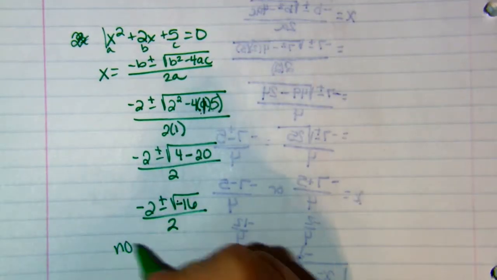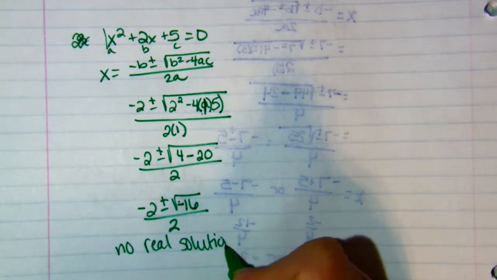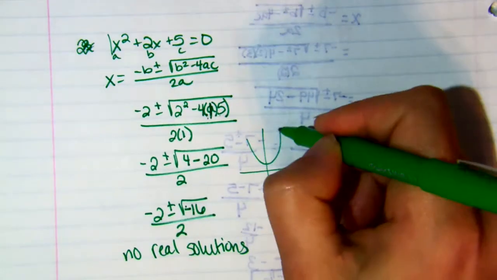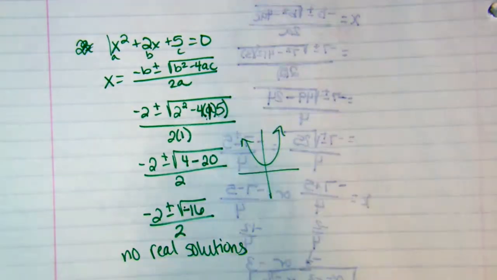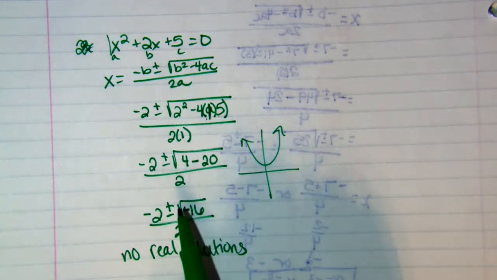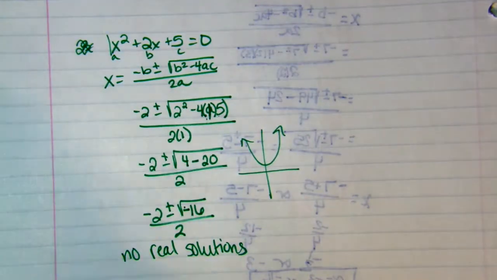So we stop right there and we can say there are no real solutions to this quadratic. So if this were a graph, it would look something like that, where it never crosses the x-axis. So here we had that negative, and that's why we had no real solutions, because there was a negative under the square root. And that brings us into the next part of this section.